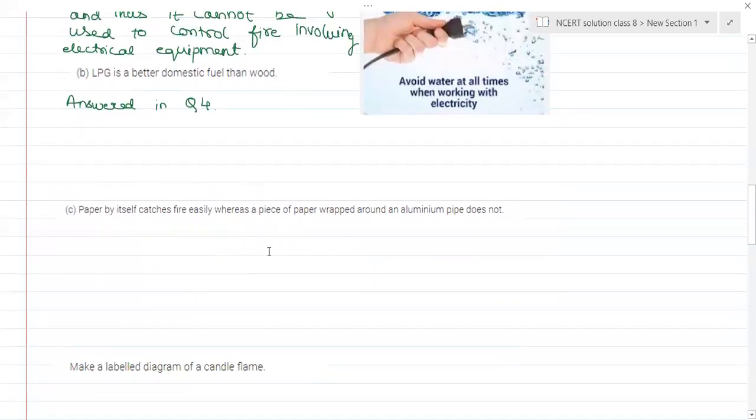Paper by itself catches fire easily, whereas a piece of paper wrapped around an aluminum pipe does not.